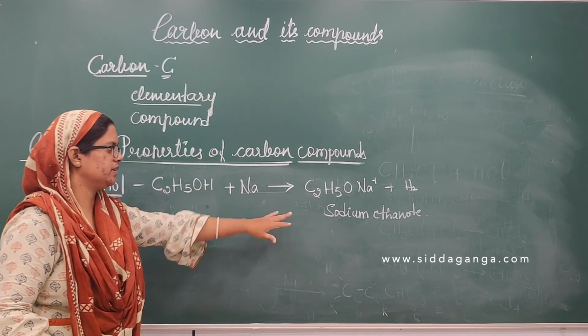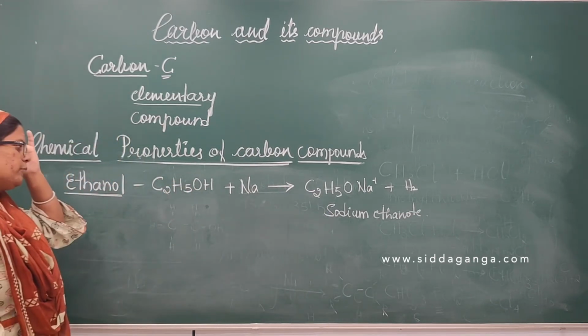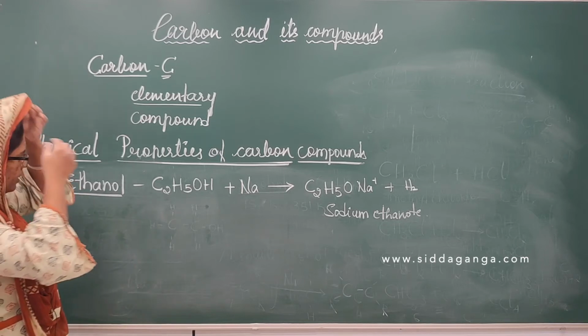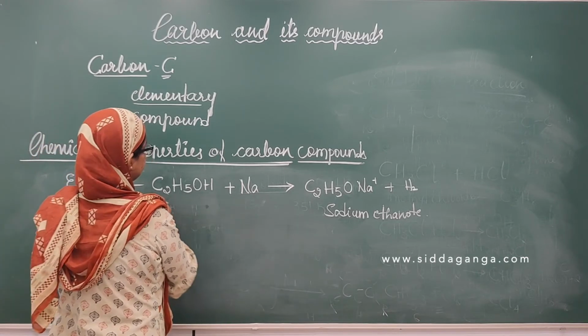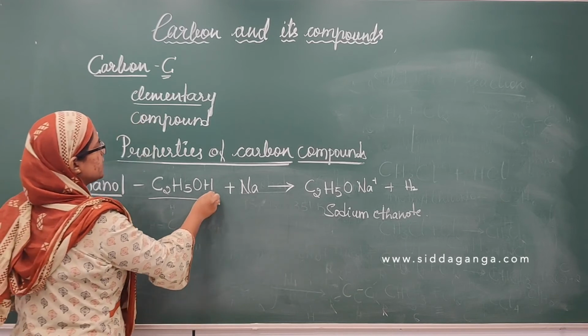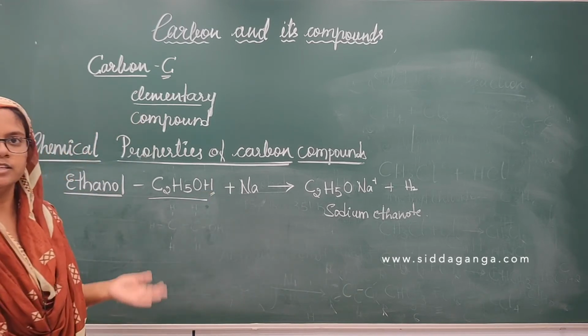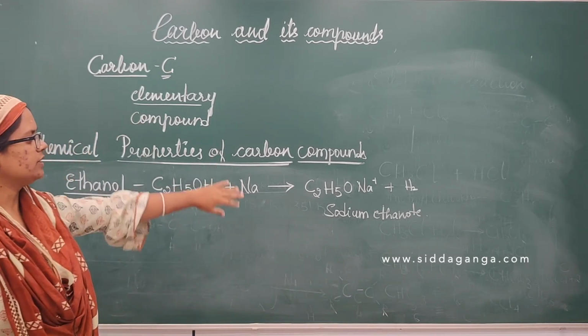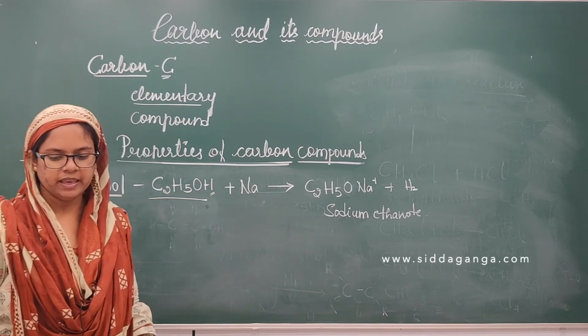So this is the name of the compound. What property do we see here? Whenever sodium reacts with ethyl alcohol, the hydrogen atom of OH is replaced by sodium and the product formed is sodium ethanoate.